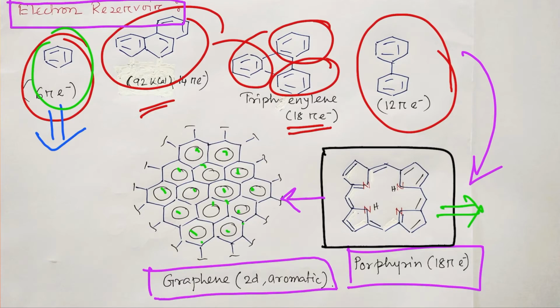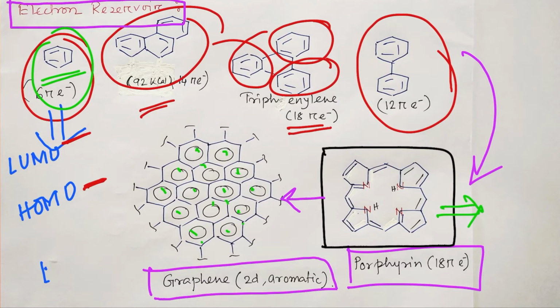Why? Because when we say benzene, we consider the concept of HOMO and LUMO, the highest occupied molecular orbital and lowest unoccupied molecular orbital. We think in this way and say HOMO has some amount of electron, LUMO has some amount of electron.